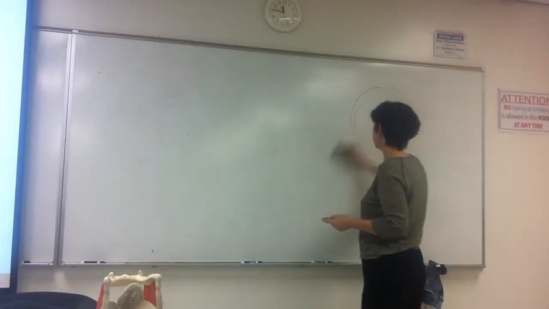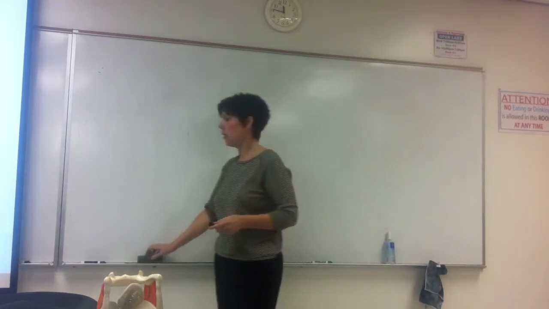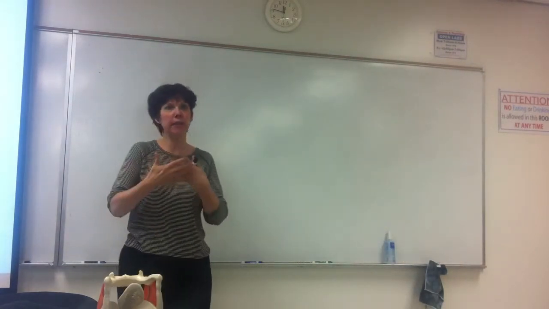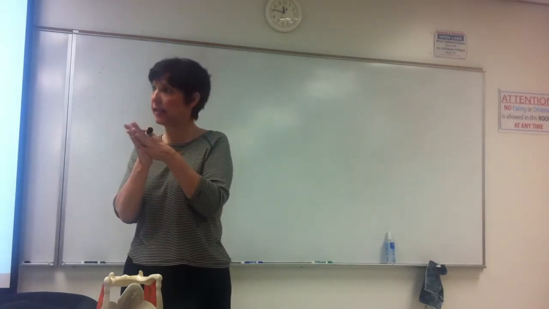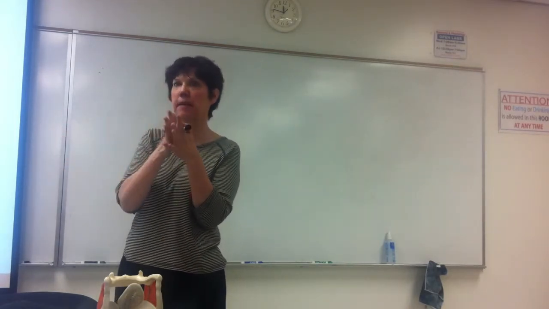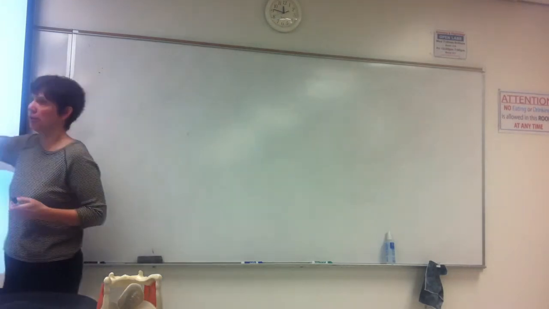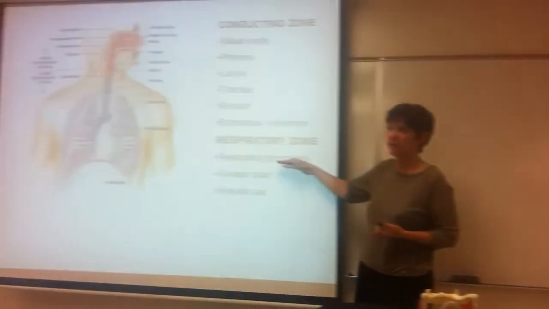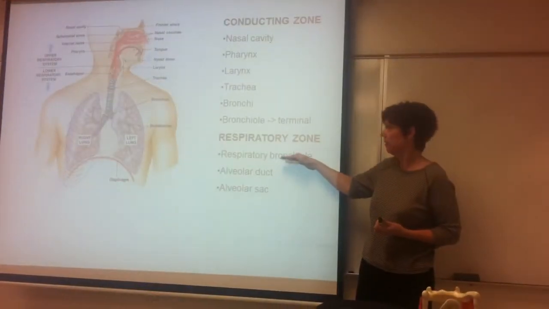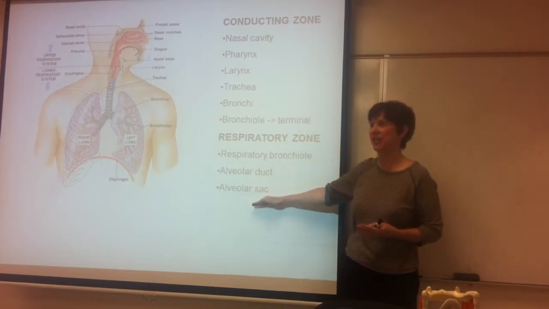So what is our best epithelium? Simple squamous. As we'll see tomorrow, the alveolar membrane, the respiratory membrane, is the simple squamous epithelium of the blood vessel, the capillary, and the simple squamous epithelium of the airway. The respiratory bronchial is the very first airway structure that demonstrates simple squamous epithelium. So that's the first time that we can have actual gas exchange.